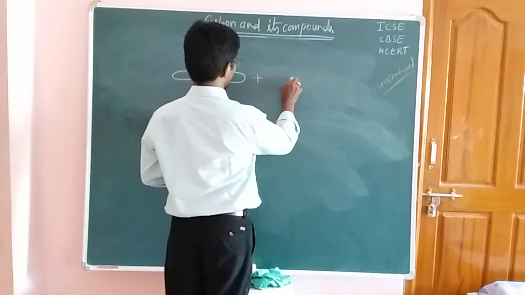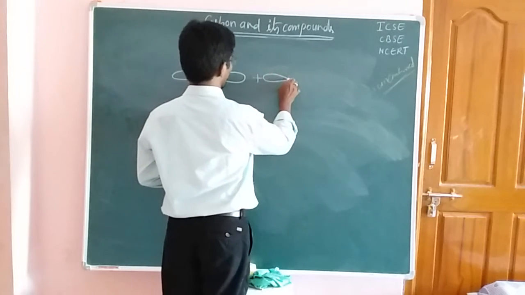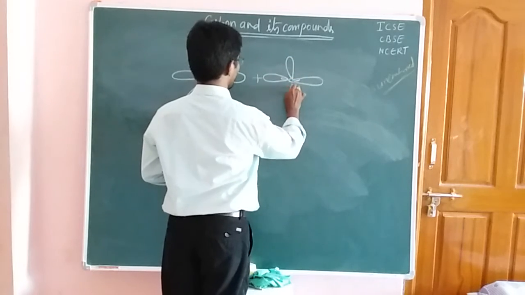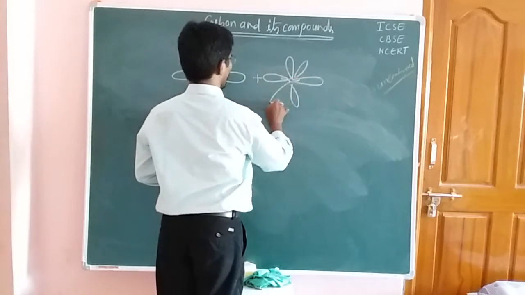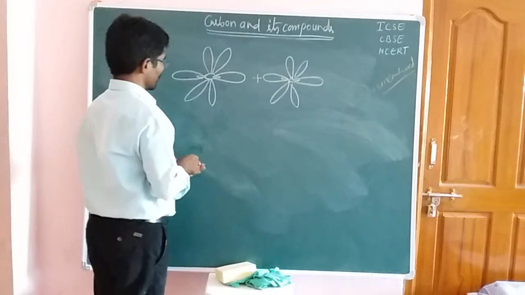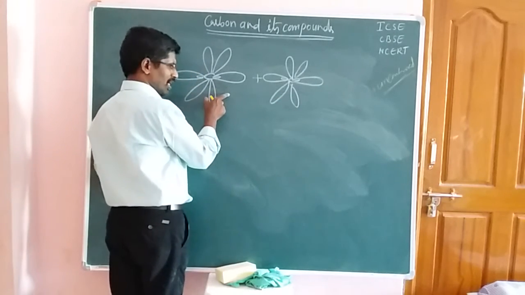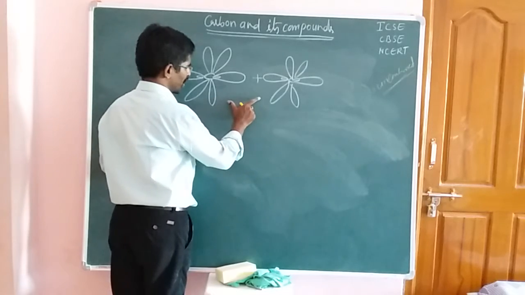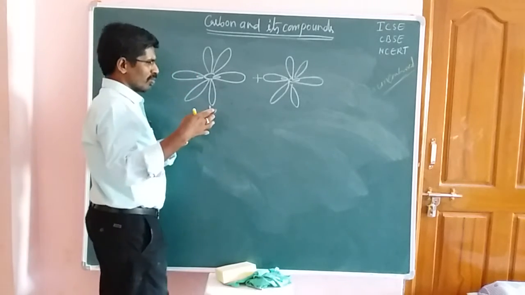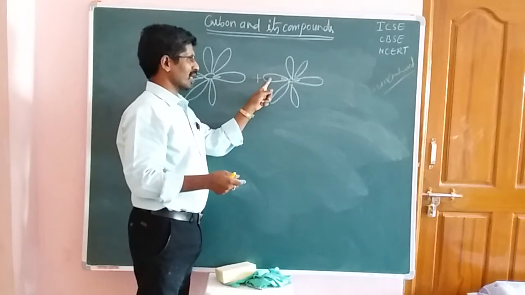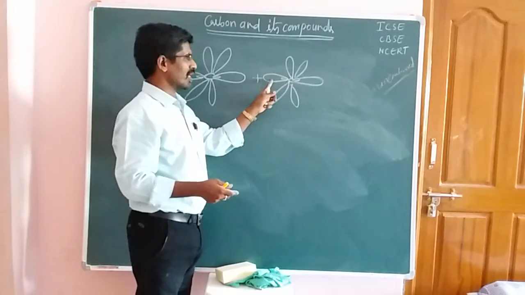Now we take another hybridized orbital of carbon. So these are the hybridized orbitals, and these are the two non-bonding electrons. The hybridized orbital of carbon and the hybridized orbital of carbon both undergo overlapping, mixing with each other by end-on overlapping or axial overlapping.